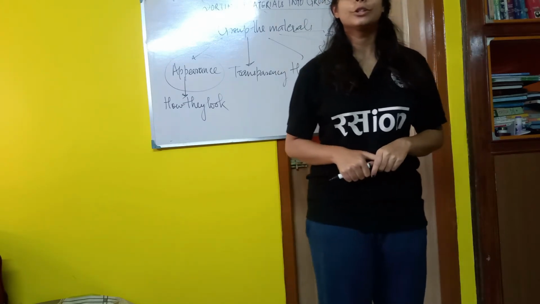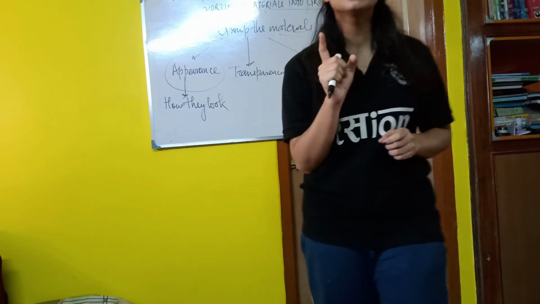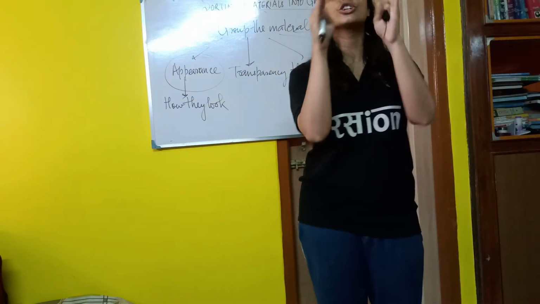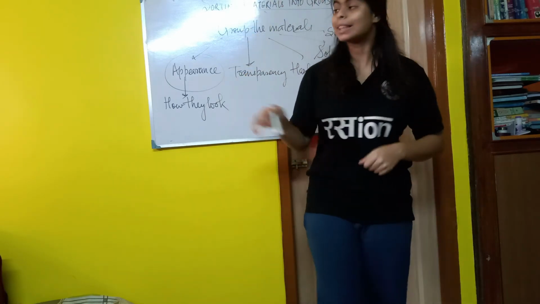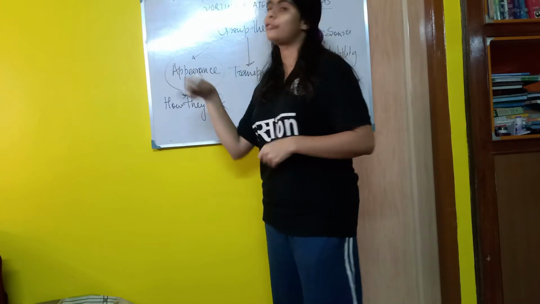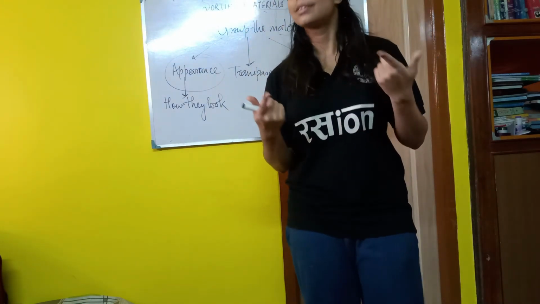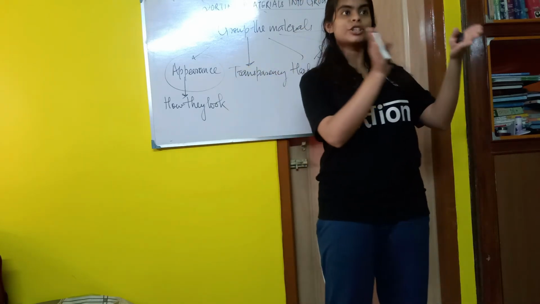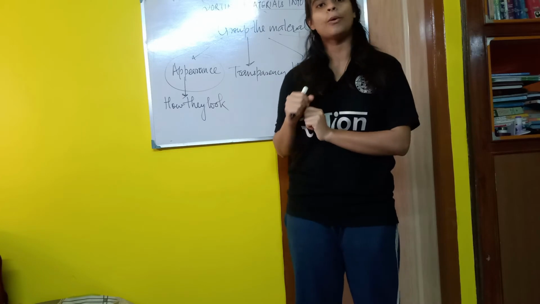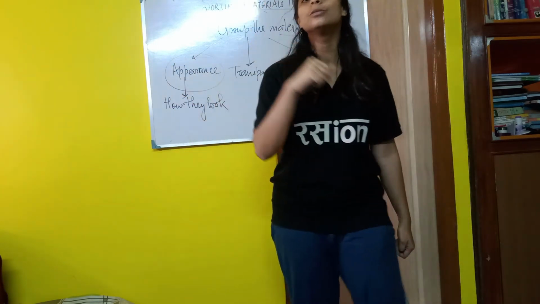What will you see? The first thing you will observe is how he or she looks. That means how he or she appears, right? With the help of that property, we group them, whether she is a girl or he is a boy. So with the help of appearance, that is how they look, we can group the material.